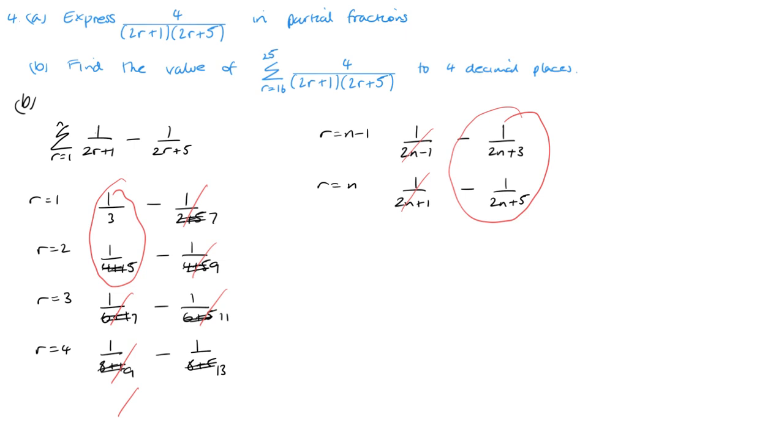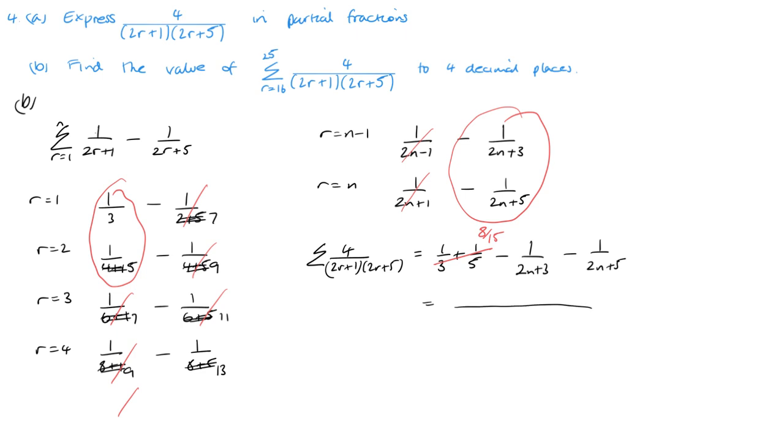So now we've got that our sum of 4 over 2r plus 1 and 2r plus 5 is equal to 1/3 plus 1/5 minus 1 over 2n plus 3 minus 1 over 2n plus 5. So this is 8/15.